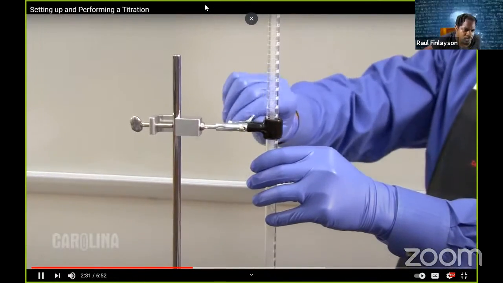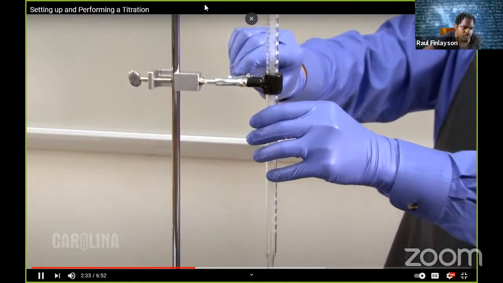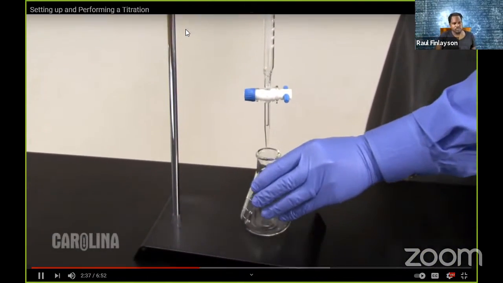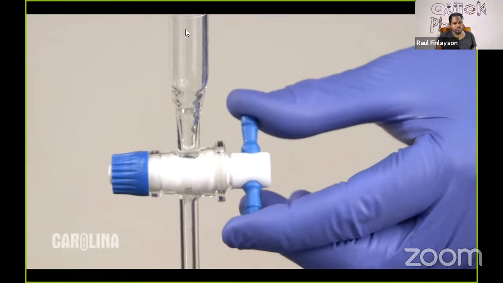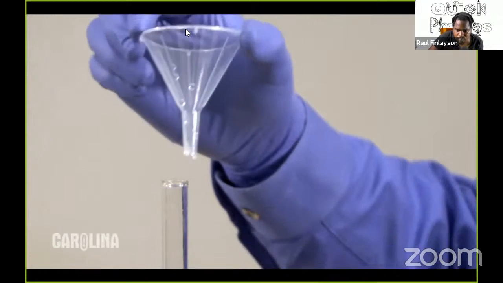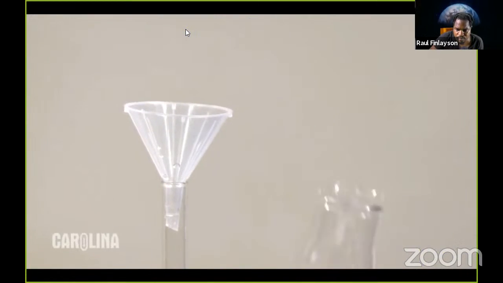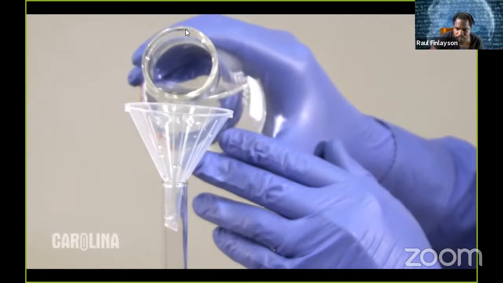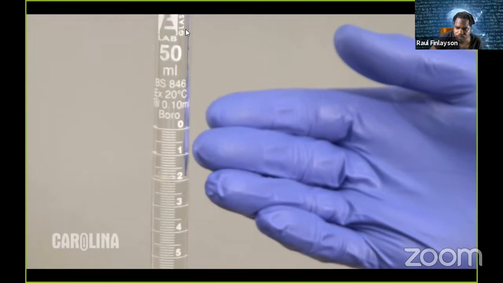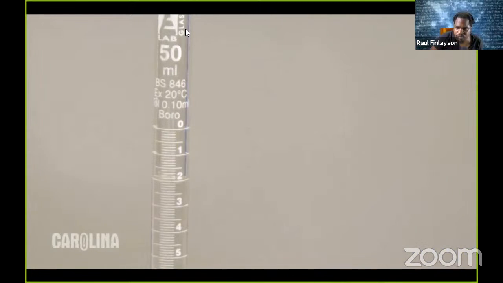Mount the burette in the clamp, making sure it is positioned vertically, and there is enough room to position your flask underneath the tip. Check to see that the stopcock is in the closed position. Insert the funnel into the top of the burette and fill with titrant almost to the top. Filling exactly to the 0 mark is not necessary, but you do need sufficient titrant to complete the reaction.